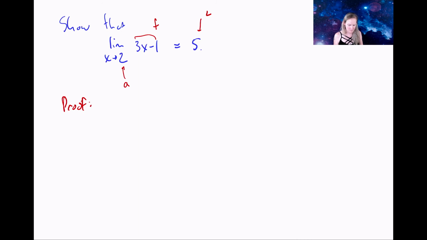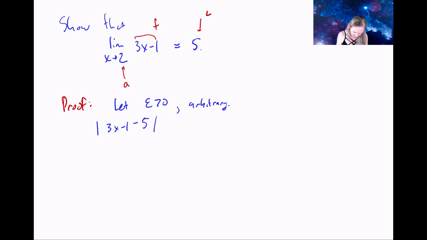First thing I'm going to do, I'm going to let epsilon be greater than 0 and arbitrary. I think understanding the word arbitrary merits its own video. Now I'm going to go over here and do some work on the absolute value of 3x minus 1 minus 5. That's equal to the absolute value of 3x minus 6.